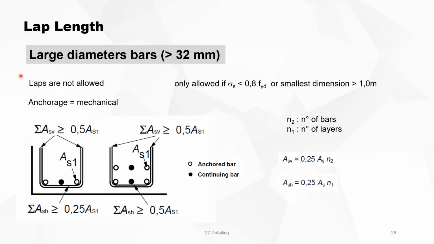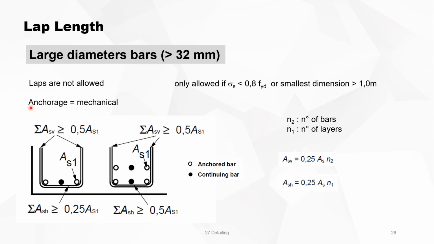There are special rules for large diameter bars. That means for bar diameters bigger than 32 millimeters. In fact, a lap length for such bars is not allowed. It's only allowed if your steel stress is smaller than 0.8 FYD in ULS, or the smallest dimension must be bigger than 1 meter. So if you use lap lengths, you use a lot of capacity of your reinforcement.